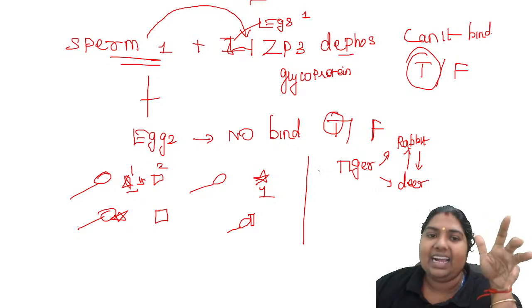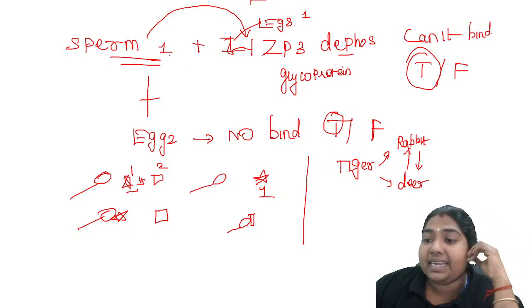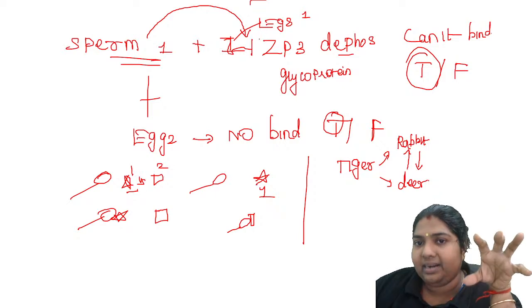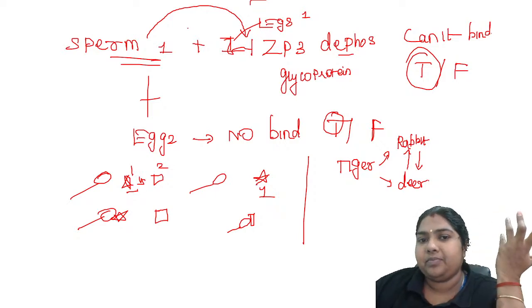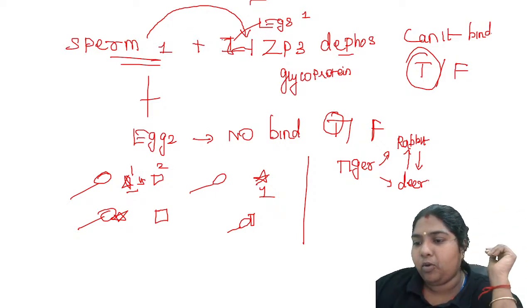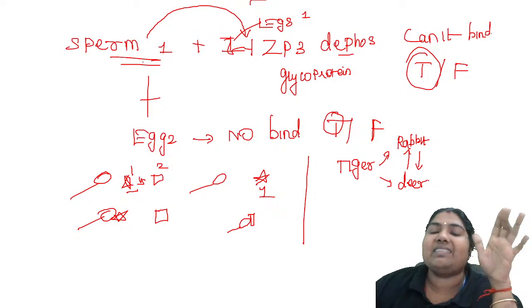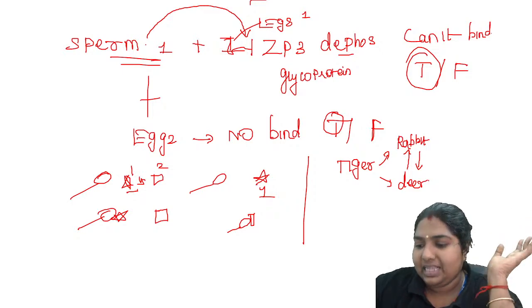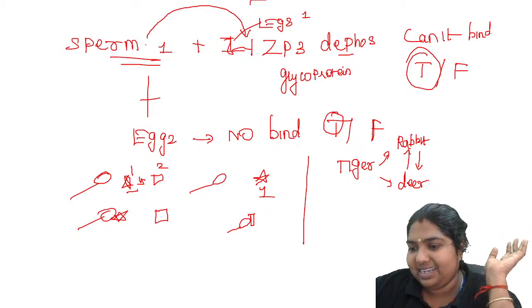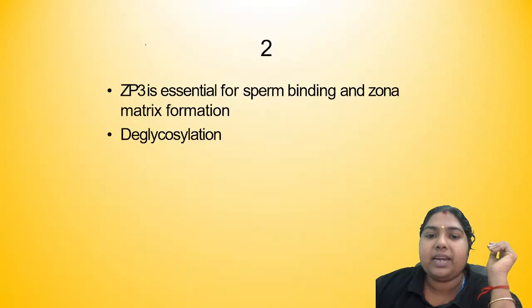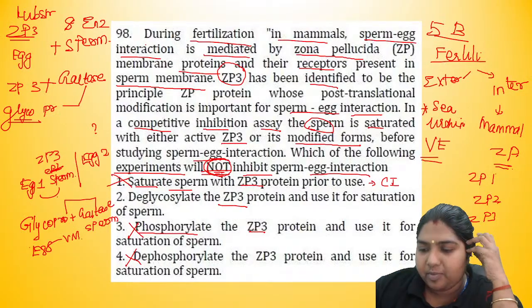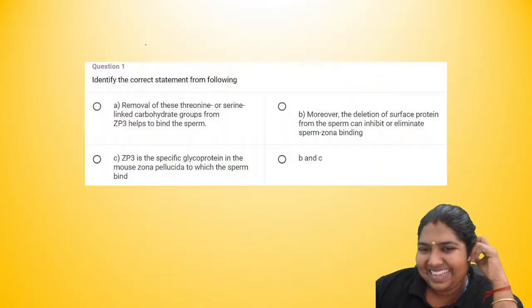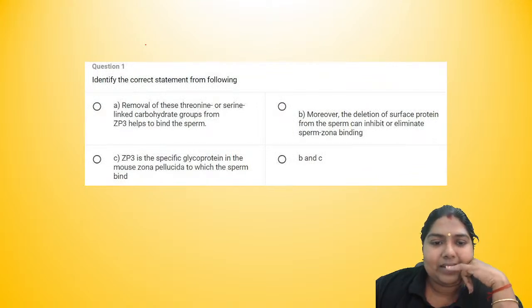Like that, if sperm 1 is binding with egg 1, egg 2 cannot bind, because it is already bound. But if sperm 1 is not binding with egg 1, egg 2 can bind. That is what the competitive thing is. So now everybody understood this competitive formation? Fantastic, guys. Okay, fine.